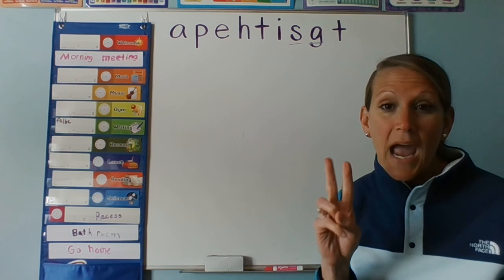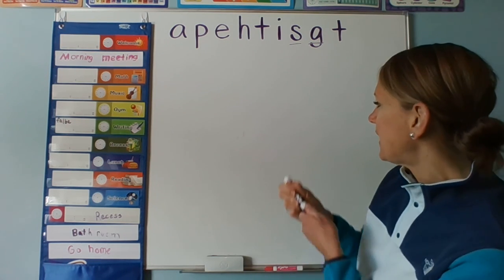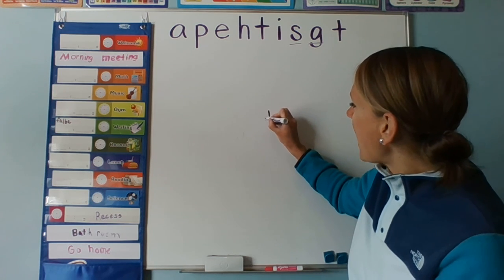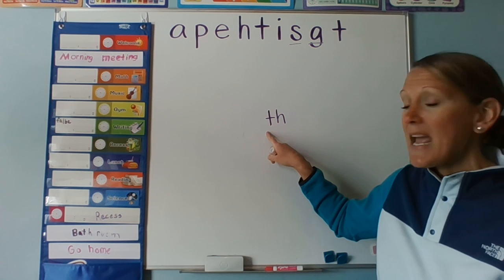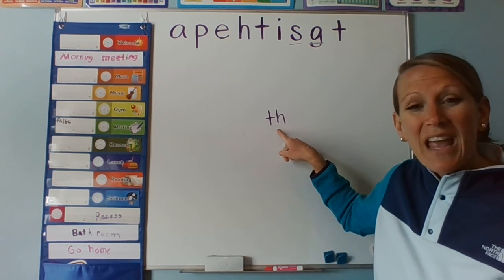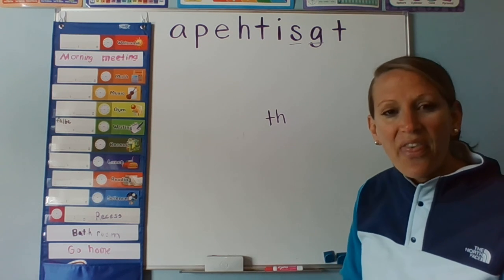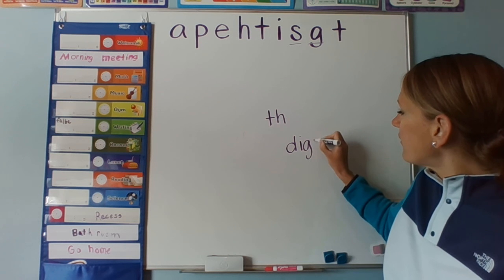Okay, and so TH, that'll get us into another little lesson. TH is actually not a consonant blend because when we hear TH, do we hear the T? Do we hear the H? No, we hear a different sound. So that's actually called a digraph.